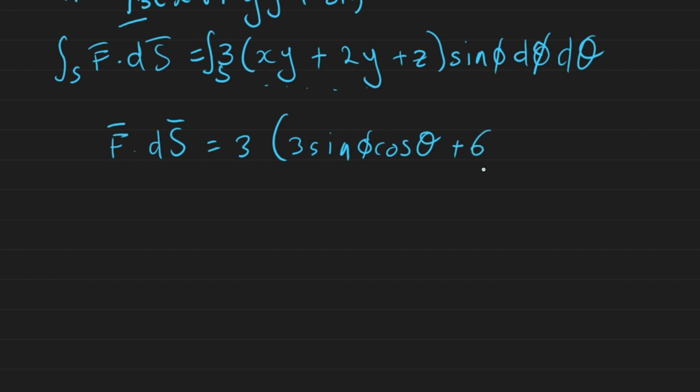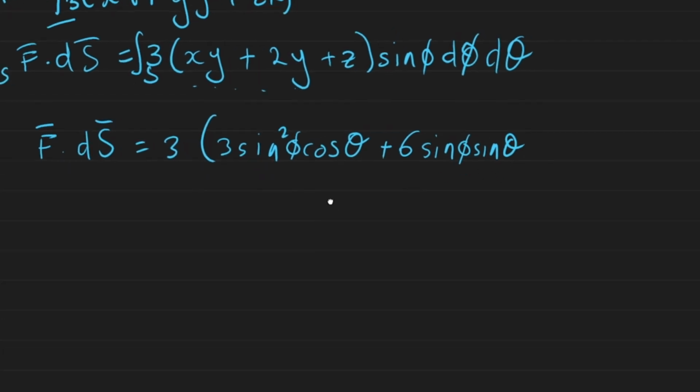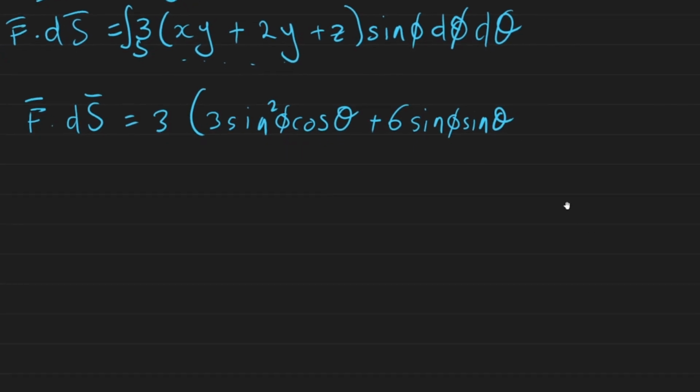Plus 6 sine squared phi sine theta. Okay, I just missed out a square here. And lastly, z is just 3 cos phi, and also d phi d theta.